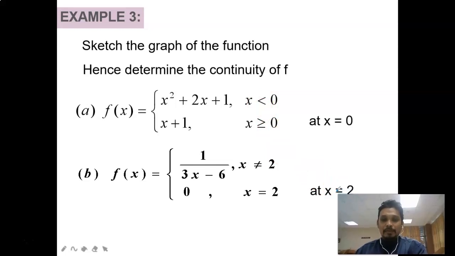Okay, now look at this one here. Determine the continuity of these two functions here.